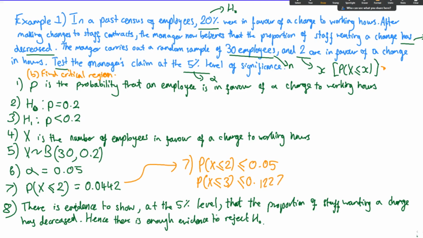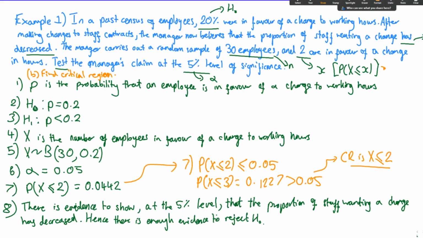0.1227, which, this should be an equals sign, and that will actually be greater than 0.05. Hence, we have found our critical region. Our critical region, or our CR, is x less than or equal to 2, because there is a significance: x less than or equal to 2 is less than or equal to 0.05.